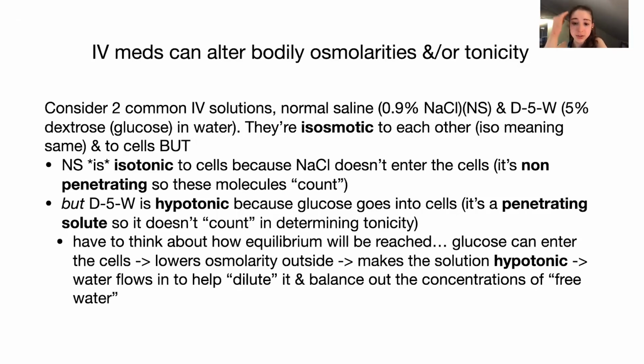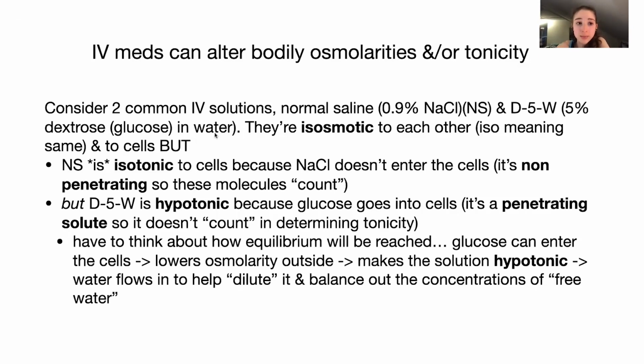And so this is going to make the solution hypotonic, and water is going to flow into the cells. You can think of it kind of like helping dilute out the cells, or think of it as, because you have more water particles outside of the cells and water can move into the cells, they're more likely to move into the cells than they are to move out of the cells.